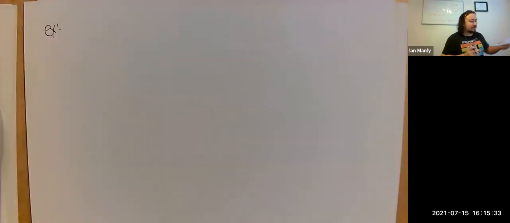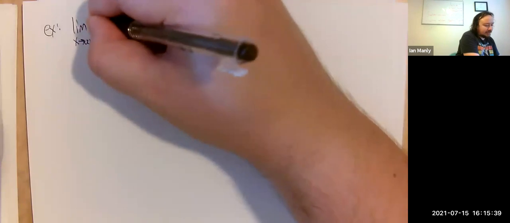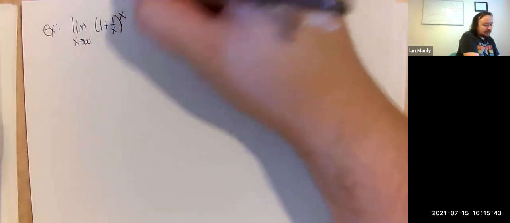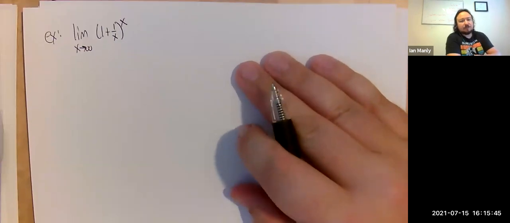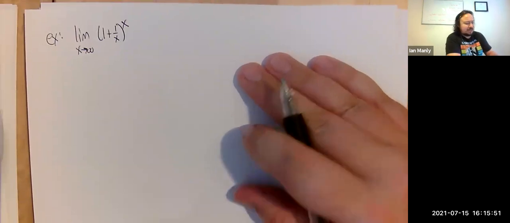All right. Our next example is the limit as x goes to infinity of (1 plus 1 over x) raised to the x power. Now, some of you may have actually seen this limit before, and you may already know what it's going to end up being.